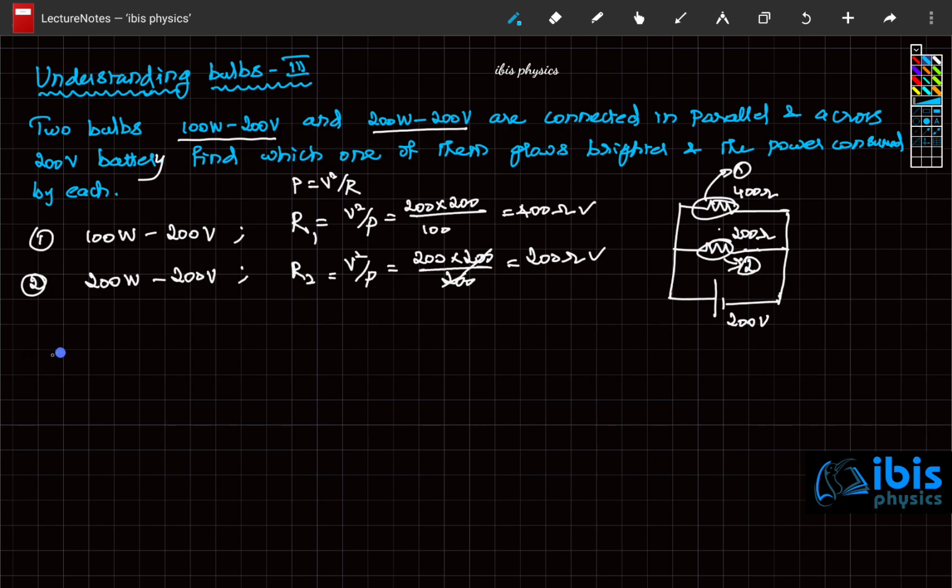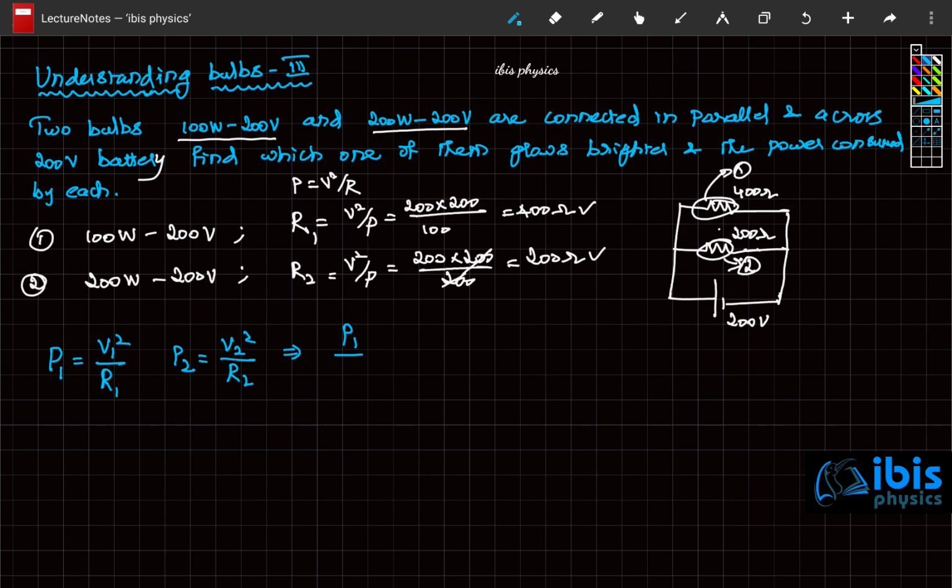The power consumed by the first one is V1 square by R1. Power consumed by the second one is V2 square by R2. These two are supply voltages, right? Because both of them are across 200 volt, across this also 200 volt.